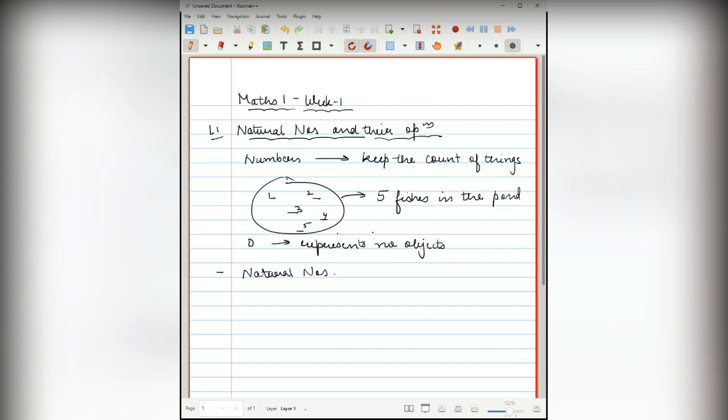The natural numbers are shown by the alphabet N, and we can include 0, 1, 2, and so on till infinity. So this goes on till infinity. What are the natural operations that we can perform? Natural operations are addition, subtraction, multiplication, and division.